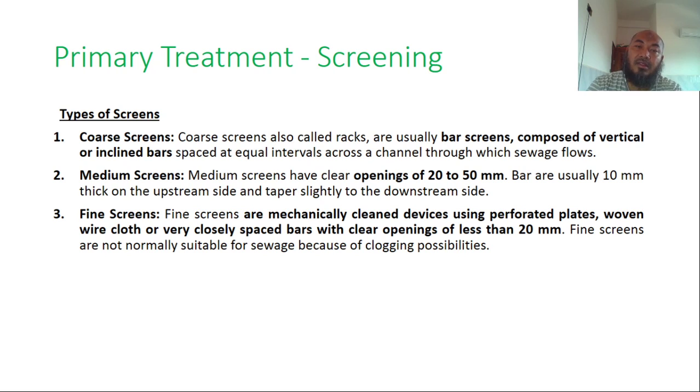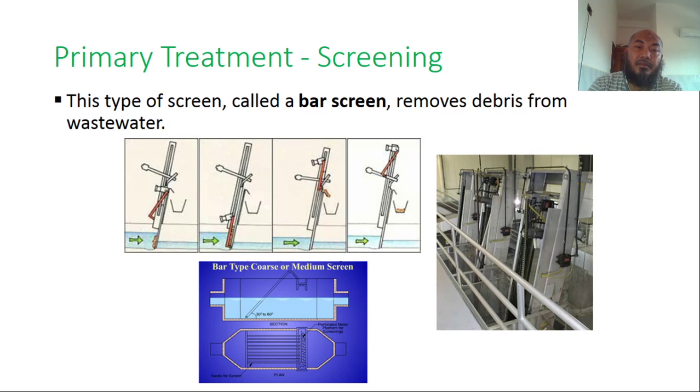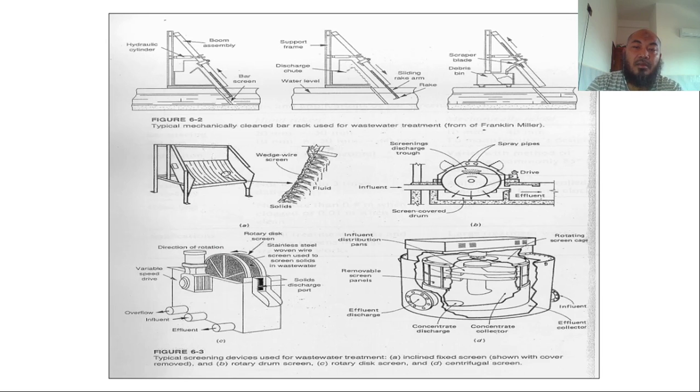I think we discussed this in the second week, so this is just to remind you, an overview. If you would like detailed information, you can go to the second week material to check the standards of the screen. This type of screen is called a bar screen, to remove debris from wastewater. Many types of screen can be employed. You can see here.